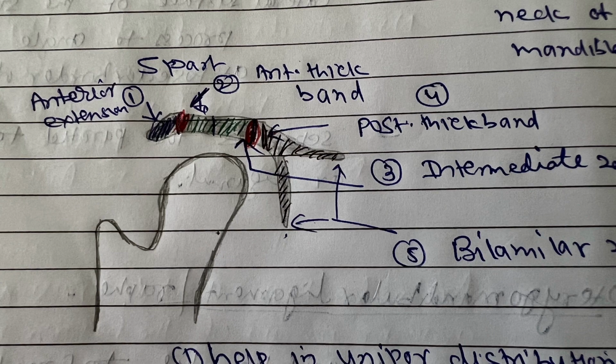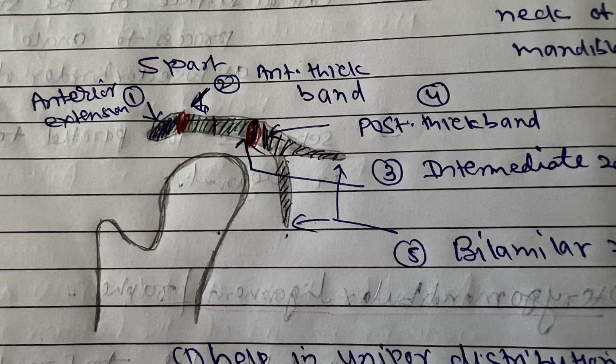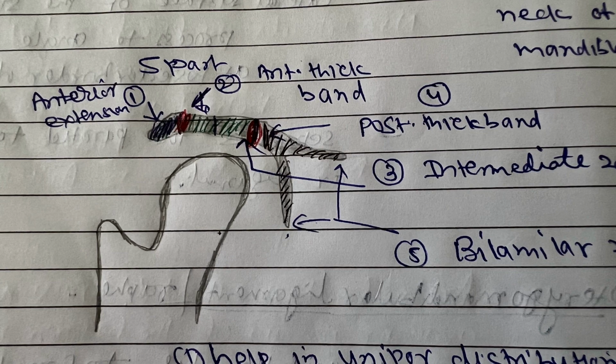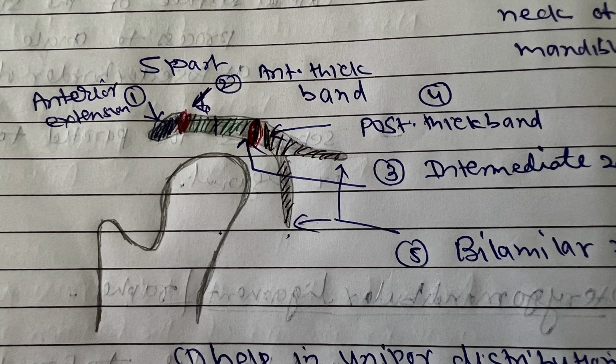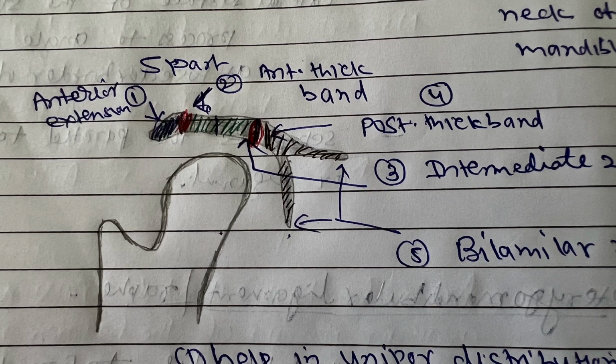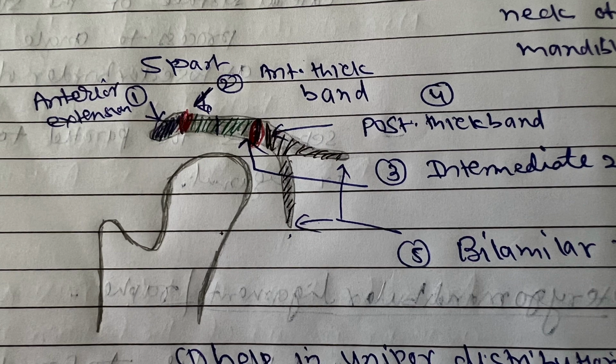This articular disc has 5 parts: the anterior extension, anterior to the anterior band; the intermediate zone, between the anterior thick band and the posterior thick band; and the bilaminar zone, which is posterior to the posterior thick band. So there are 5 areas of this disc.